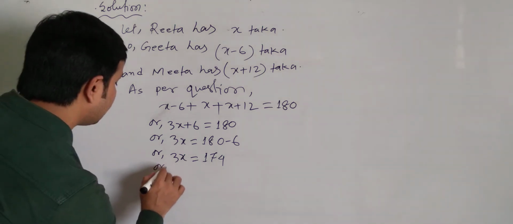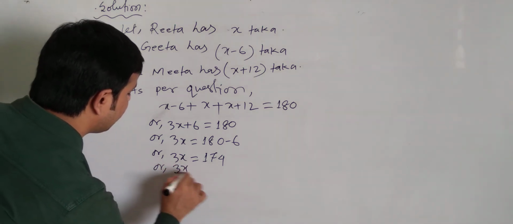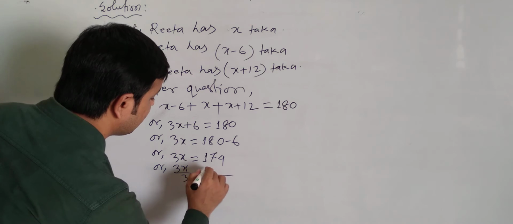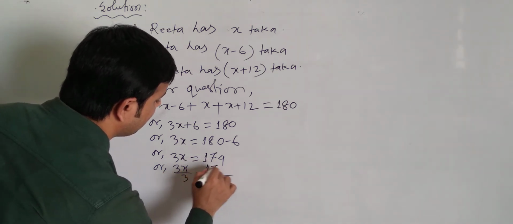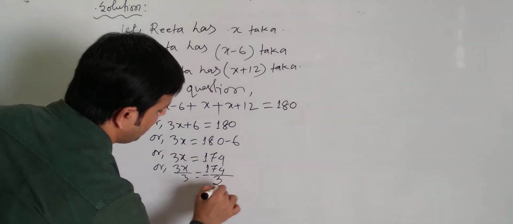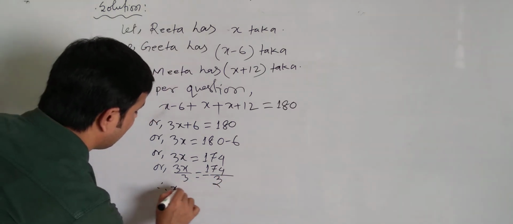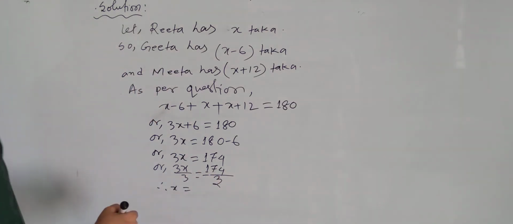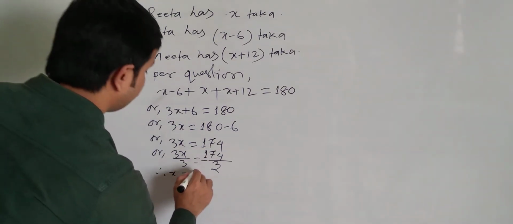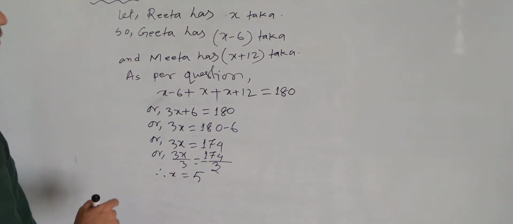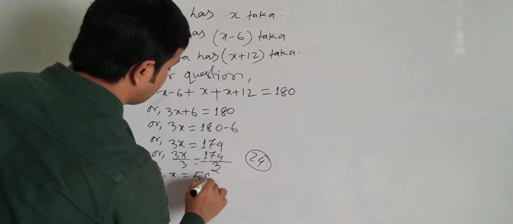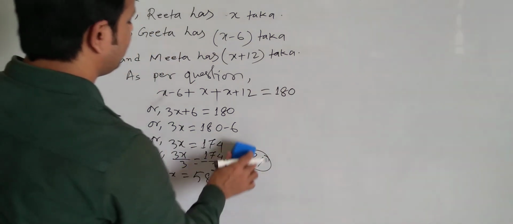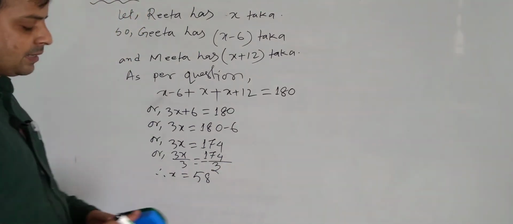Now we have to divide both sides by 3. 3x by 3, that is 174 by 3. So we'll get the value of x. Now divide by 3. 3 5s are 15. Now 2 left, so this will be 24. 8 times 3 is 24. So we can say the value of x is 58.